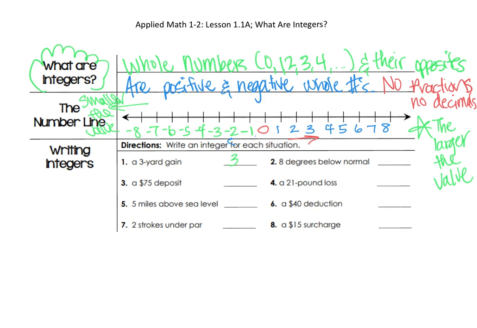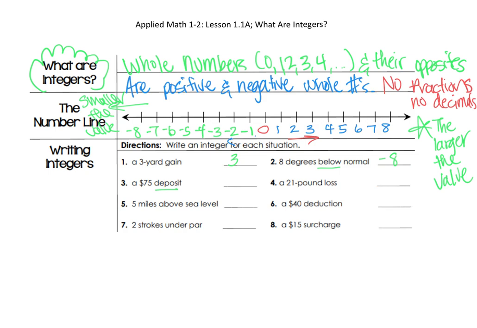And now any word that would mean getting smaller or decreasing, losing value, would indicate that we need to use a negative sign. So for number 2, 8 degrees below normal, that word below means under or losing value usually, so we're going to say this is -8 in value. A $75 deposit on number 3.